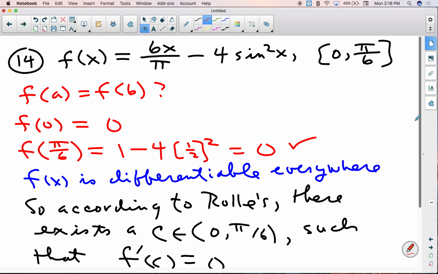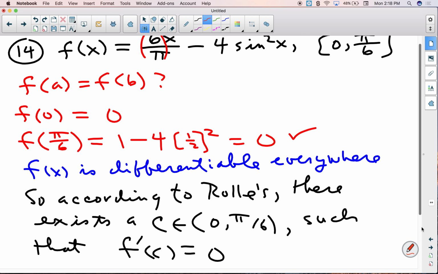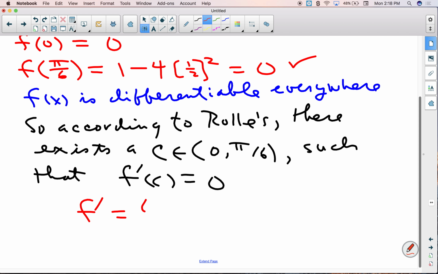It'd be 6 over pi minus 8 sine x times cosine x, since 6 over pi is the coefficient on x. So 6 over pi minus 8 sine x, and chain rule, right? Times cosine x. All right, equals 0. Okay, what's bad about that equation?